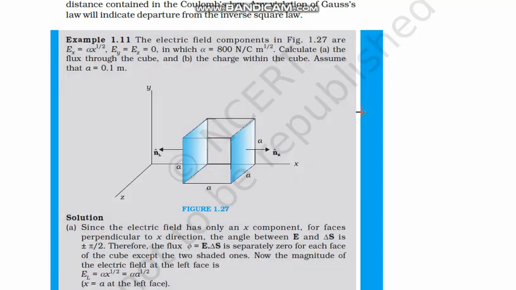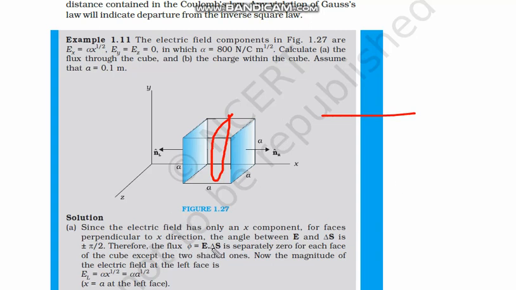Now let us calculate. Since the electric field has only x component, for faces perpendicular to x, that means the electric field has this direction, these four. The angle between E and delta S is plus minus pi by 2, as I have shown, that cos is either 90 or 270.